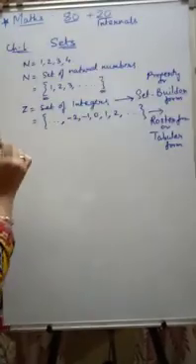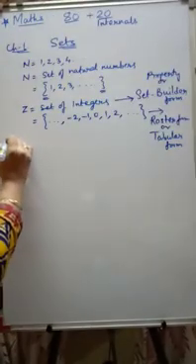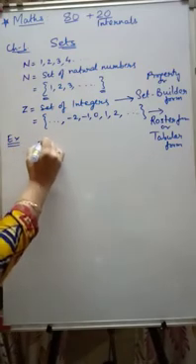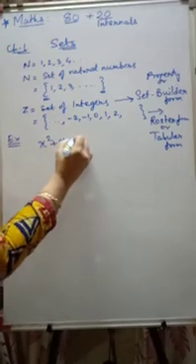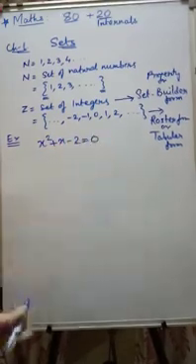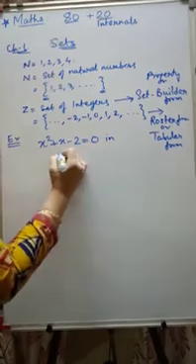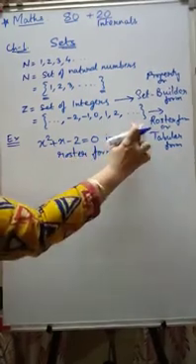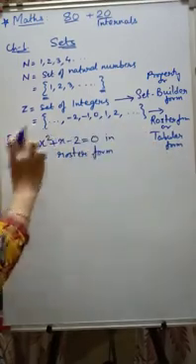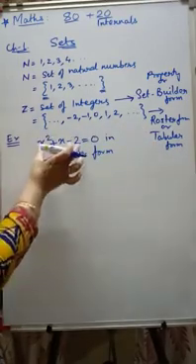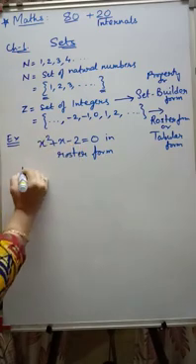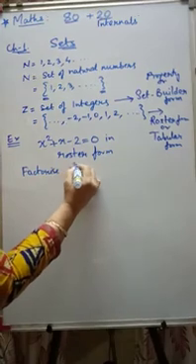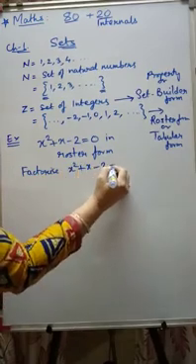For example, if I give you a question: write the solution of the equation x squared plus x minus 2 is equal to 0 in roster form. Roster form means tabular form, separated by commas. Now you have done quadratic equations. First you need to factorize x squared plus x minus 2 is equal to 0.